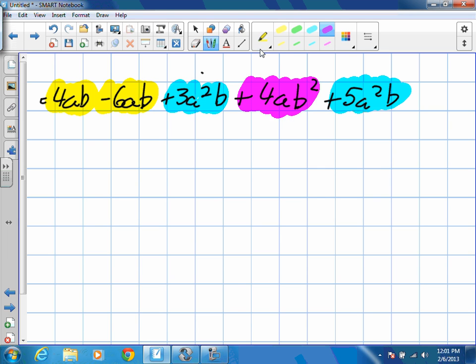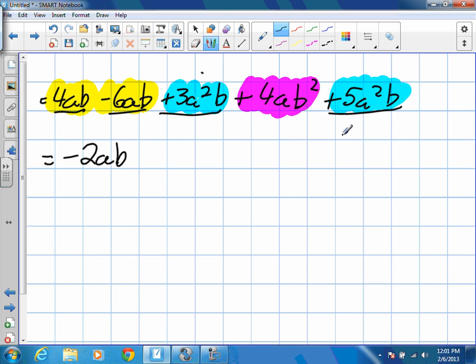Now, instead of putting them all together, I'm going to see if you are able to do this. Without actually rearranging the equation, we're going to try to get our 3 answers. So, 4ab minus 6ab. We have negative 2ab. Now I have 3a squared b plus 5a squared b. That's right.